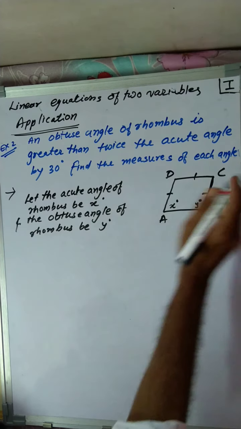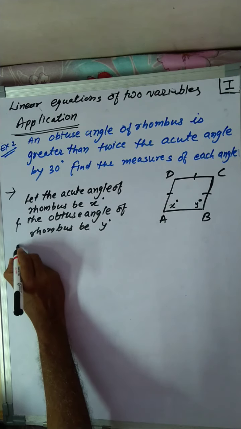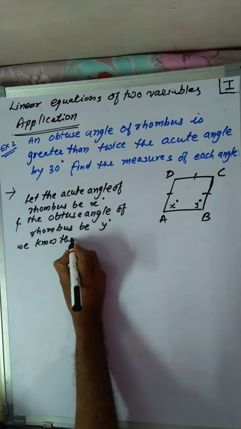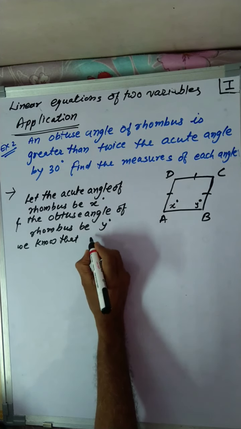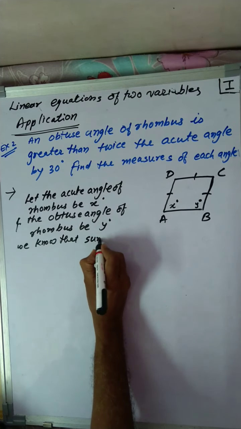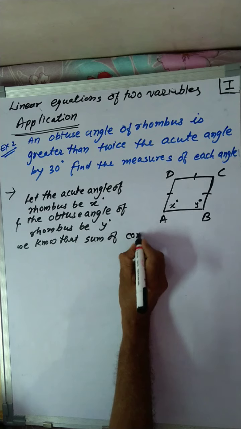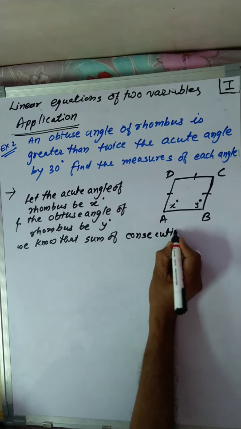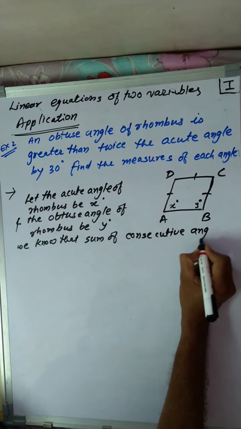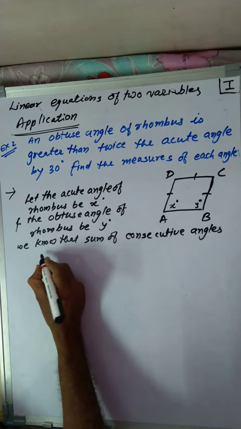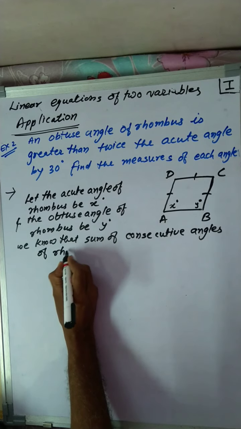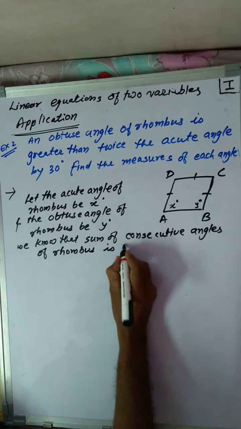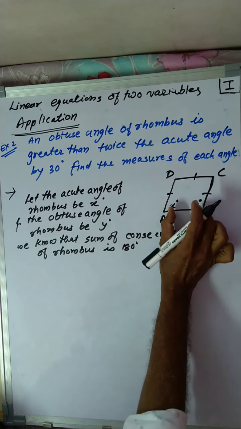Hence we know that the sum of consecutive angles of a rhombus is 180 degrees.